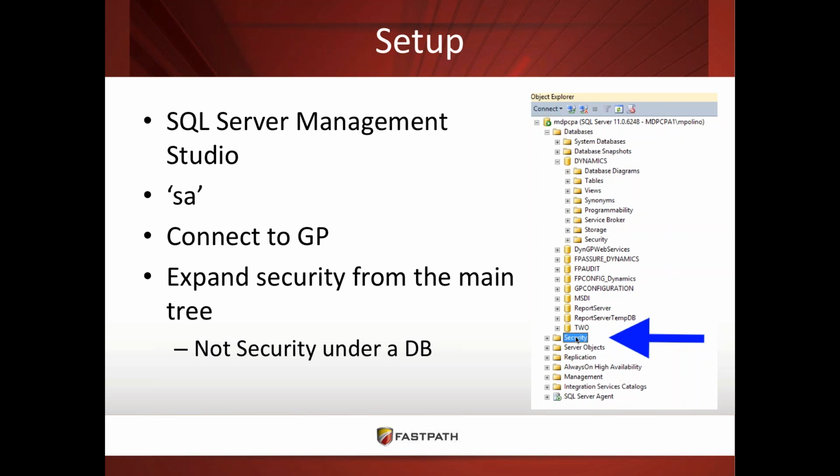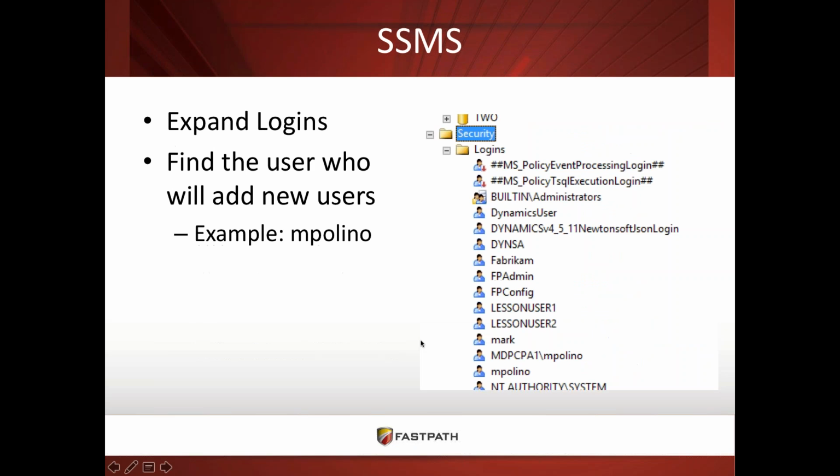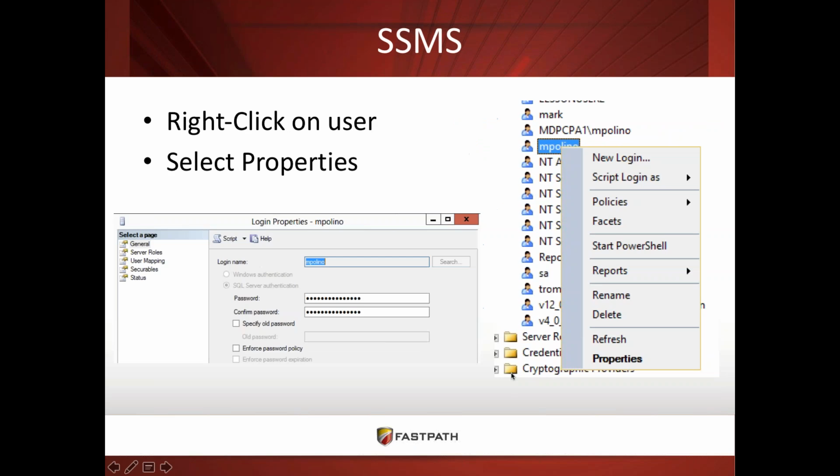You're going to expand security from the main tree, not the security that's under a database. You're going to expand the logins. You're going to find the user that you're going to use to add more GP users. I'm using Polino right here. You're going to right-click on that user, pick properties, and a properties window is going to open up.